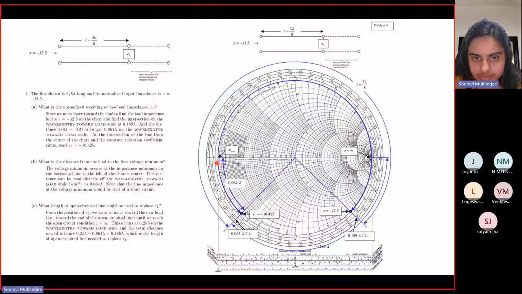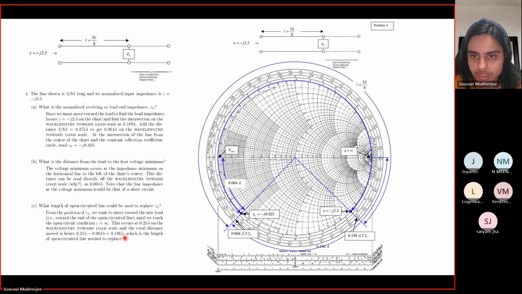And we know that the position of your ZL is at 0.064 lambda from the origin, or the zero of the wavelength towards load scale. That means how far will you have to move? You have to move this much, right? From here to here, right? And that will be nothing but 0.25 minus 0.064, which is 0.186 lambda.